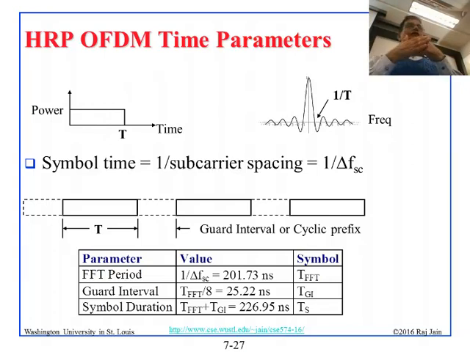If it has to go a very short distance and the reflections may not be that much, then we don't need that much guard. We could have a 1/16th guard, a 1/32nd guard, or if it has to go a very long distance, then we'll have 1/4 of the interval as a guard. So this gap is a fraction of this t. In this case, they decided that it has to be 1/8 of t.